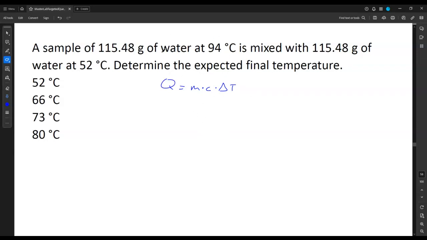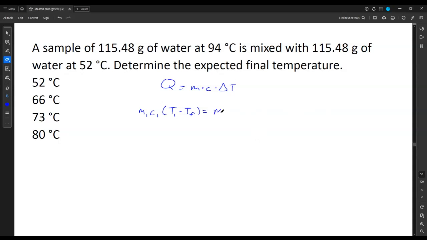Okay, so let's say we see that we've got water in both cases, then mass of my first sample, specific heat of my first sample, and my change in temperature of my first sample. I'm going to have whatever temperature is there minus the final temperature it comes down to. I did notice that the first one is warmer, so I know that one's going to come down. I want to subtract this in such a way that it stays positive, so I am going to modify my formula on the other side to keep the signs consistent.